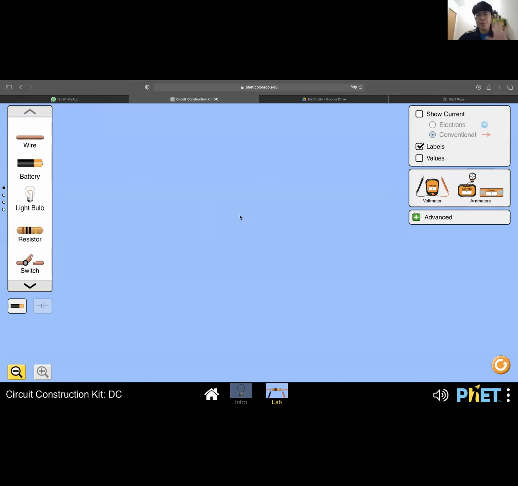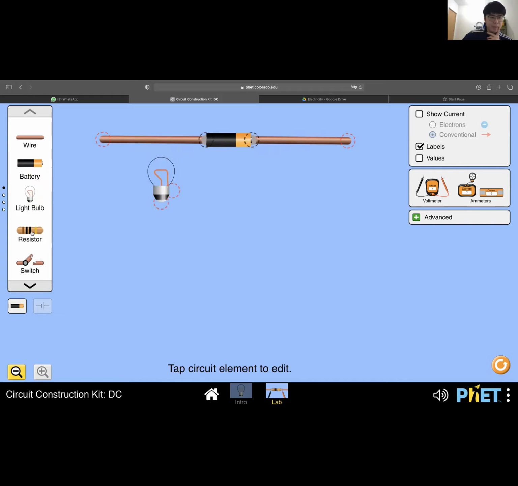That is on textbook page 207. I'm going to first construct a simple circuit. A simple circuit is made of a power supply, a conducting copper wire, a load, a resistor, and a switch. The rest is like an ammeter or voltmeter if you want to measure the current.